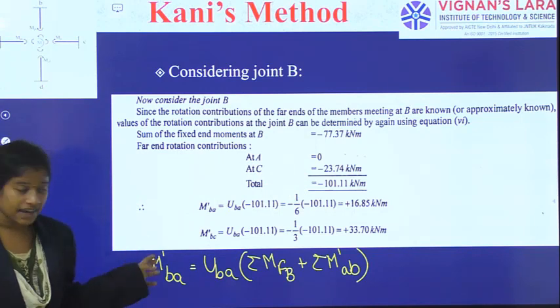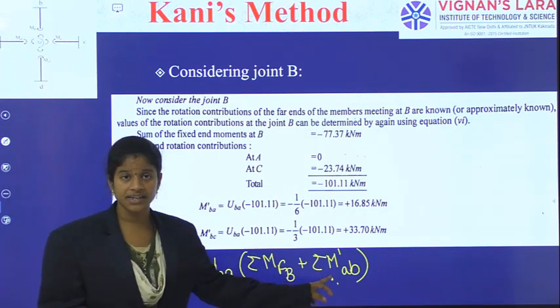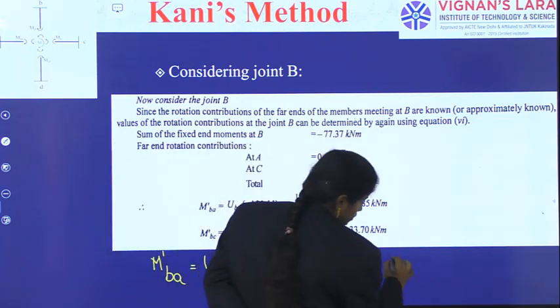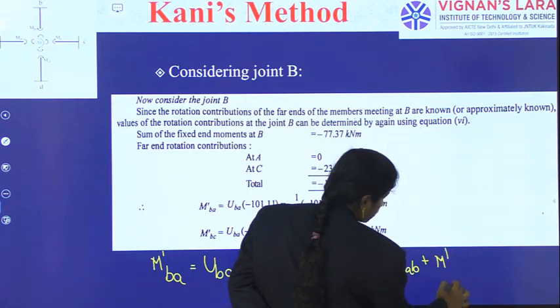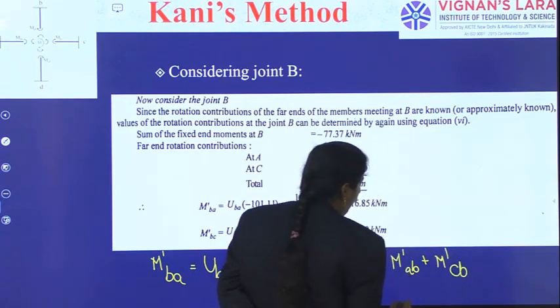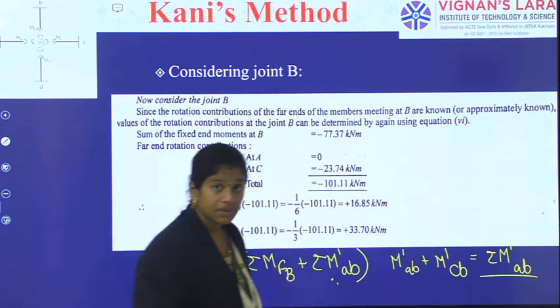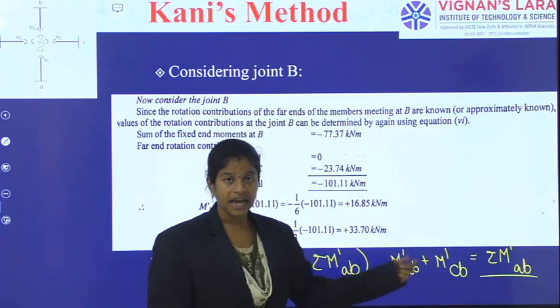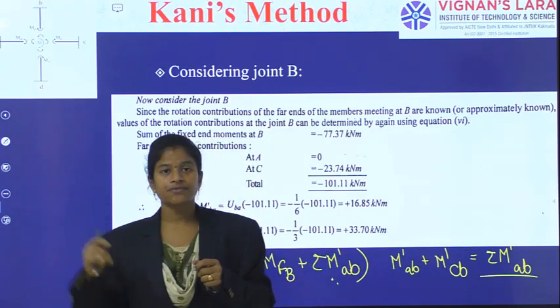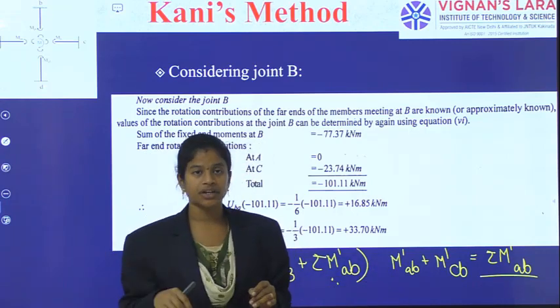And at A, the far end contribution moment: this sigma M dash AB involves M dash AB plus M dash CB. So what it means is, as I am at B, A is my far end. That's why M dash AB is the far end rotation contribution.